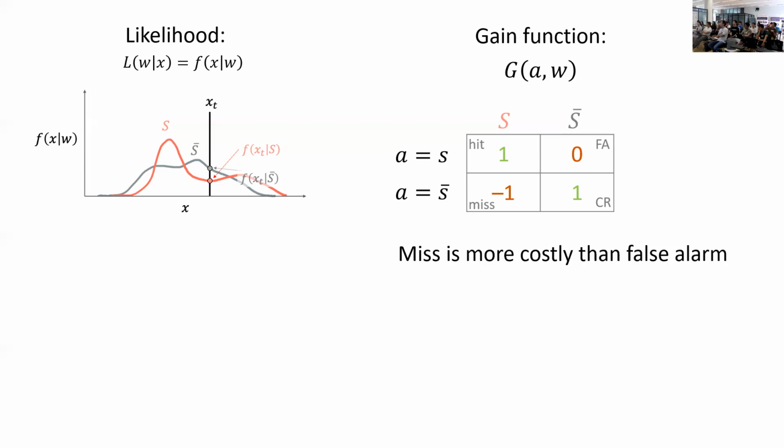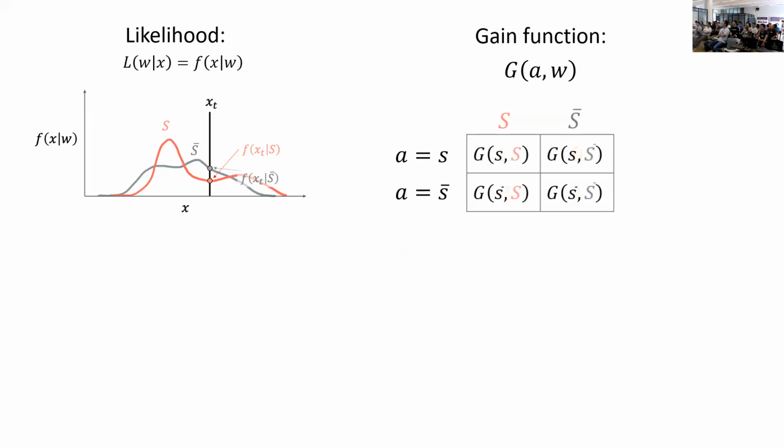For example, in the case of the detection of tumor, miss is probably more terrible than just false alarm. And in general, we could write the gain functions in this way.